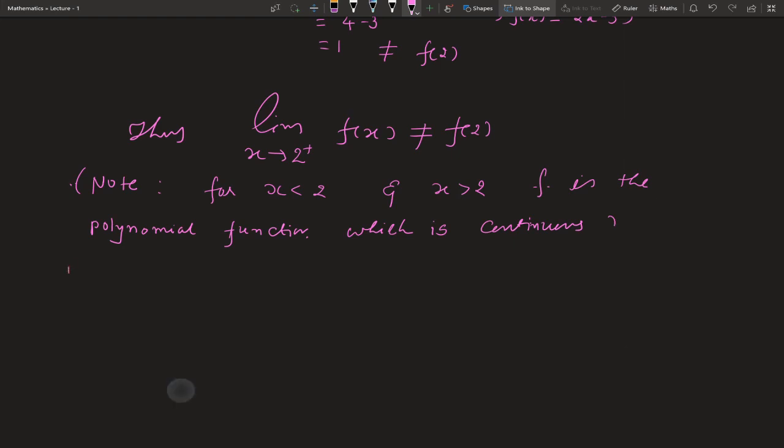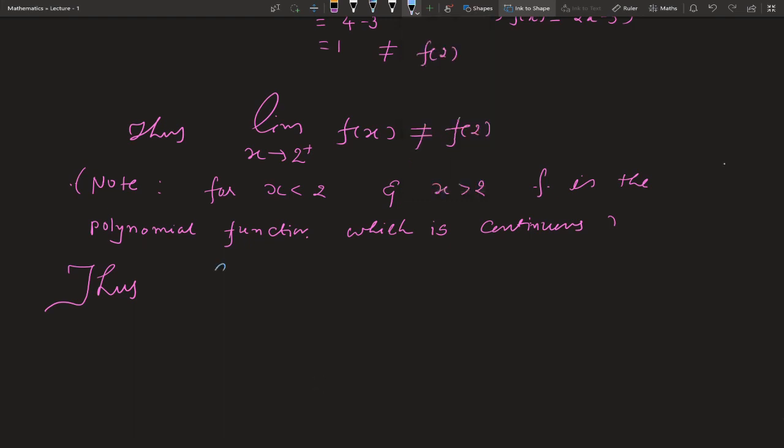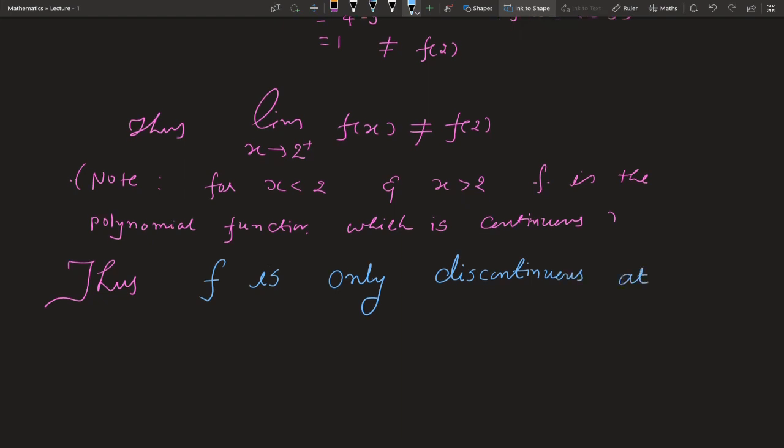Thus f is only discontinuous at x equal to 2.